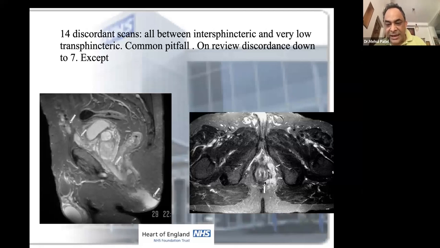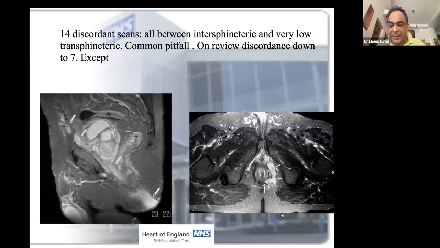So here you can see that, in spite of the fact that it is so complex on the sagittal, look how complex it is, it is actually a transsphincteric tract only. Because here is the fistula, primary tract. Here it is bending like this to open internally at the level of the dentate line at 5 o'clock. Can you see that?